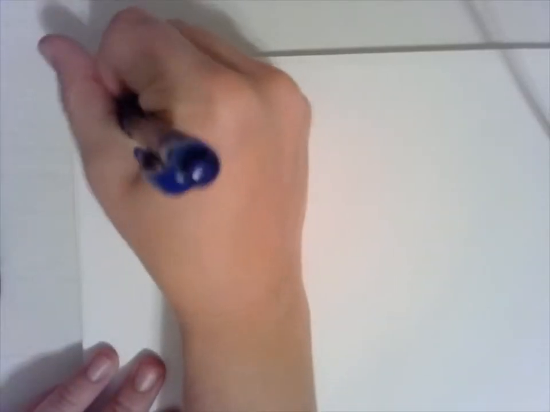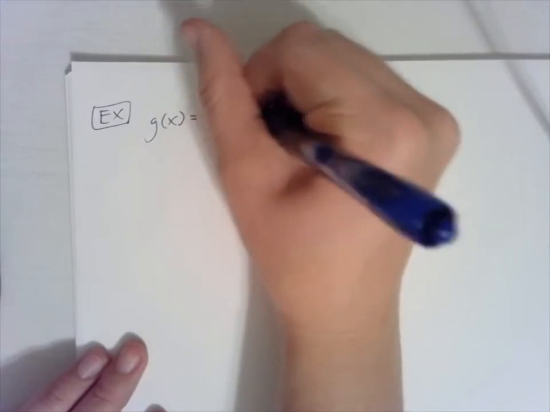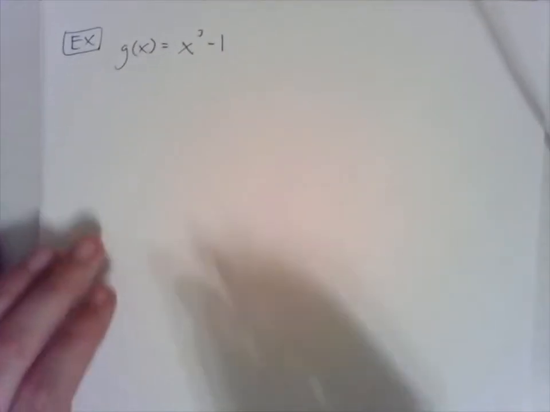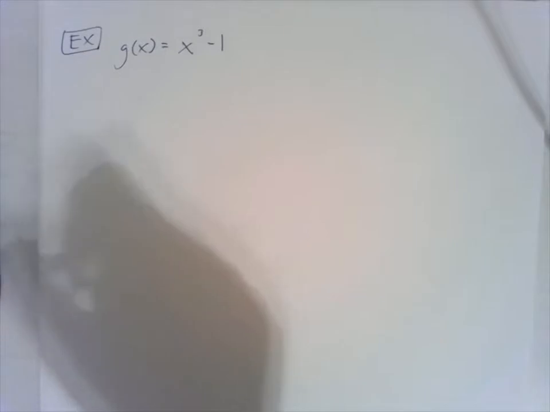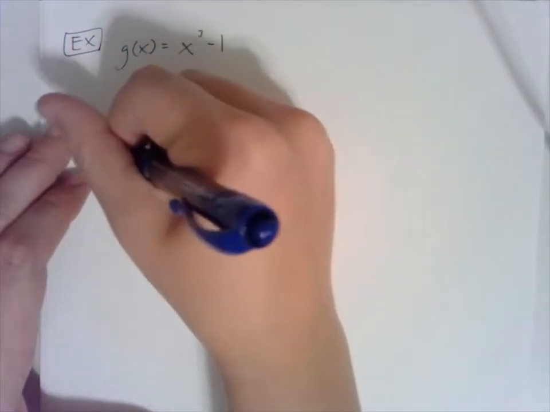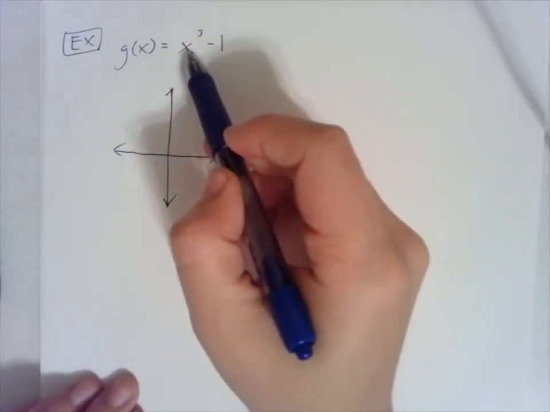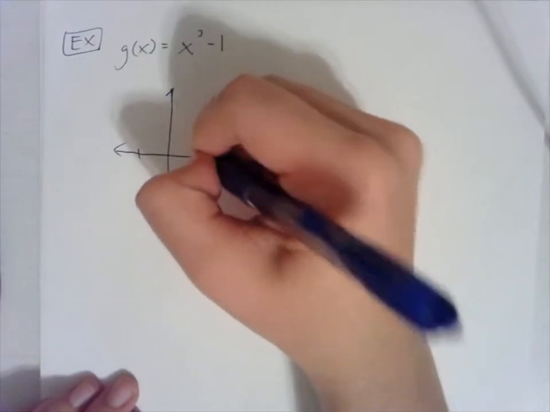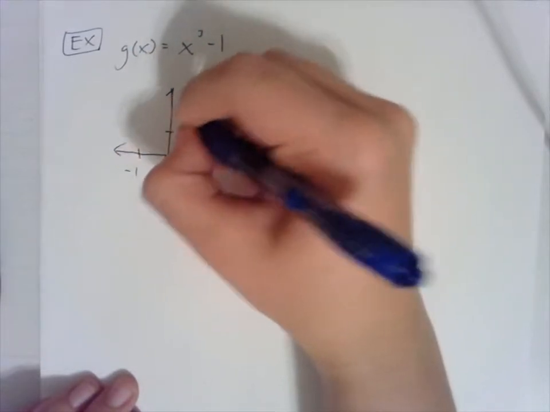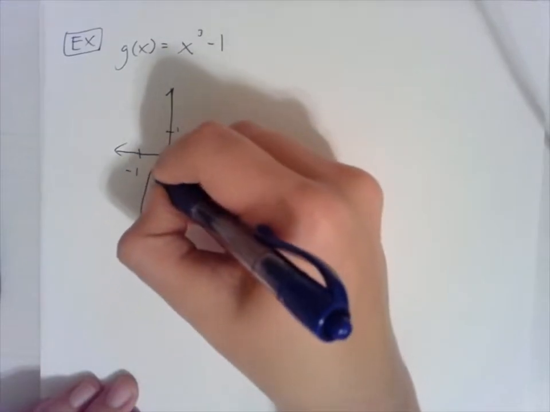Similarly, let's talk about the example g of x equals x cubed minus 1. Again, we have that classic cubic function, x cubed. Let's call this negative 1, let's call this 1, negative 1. We know it does that.